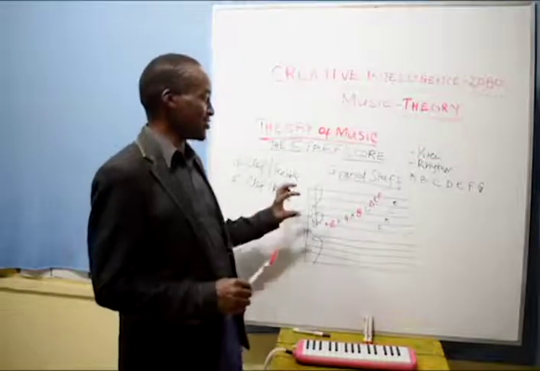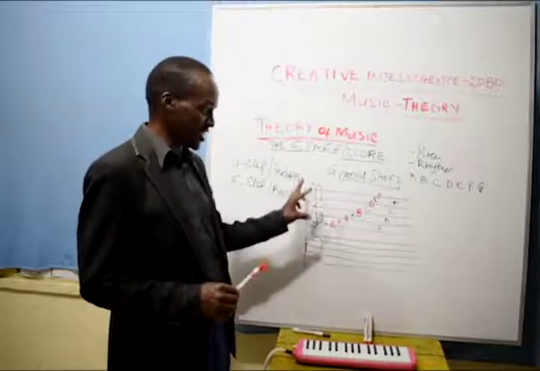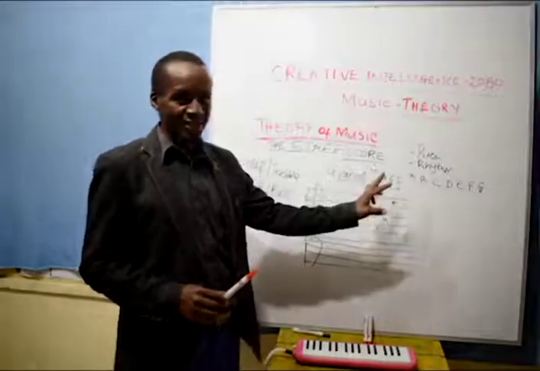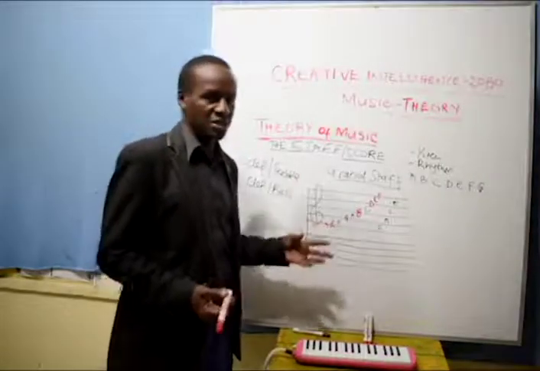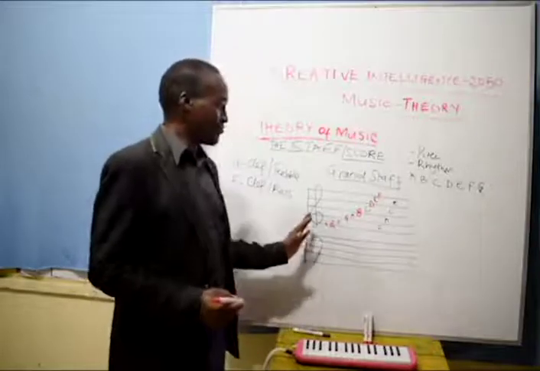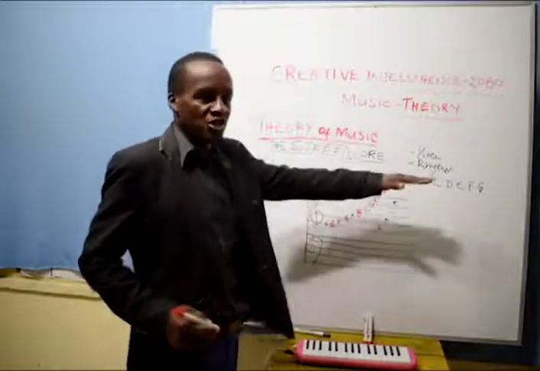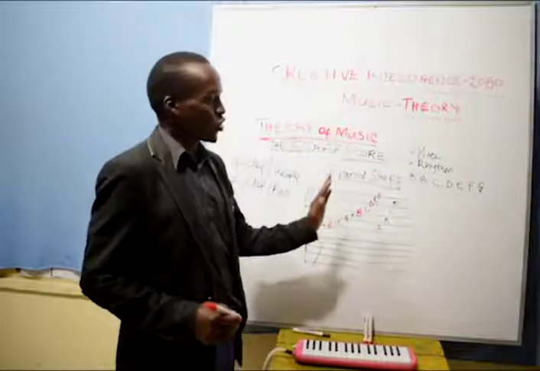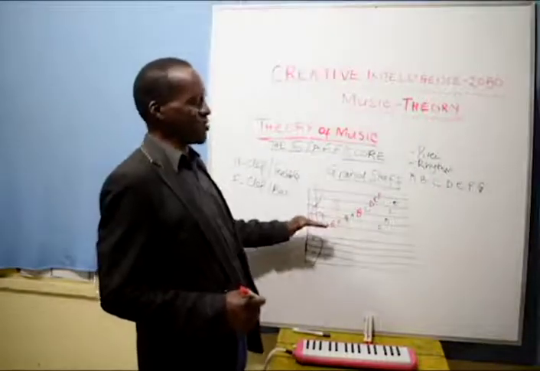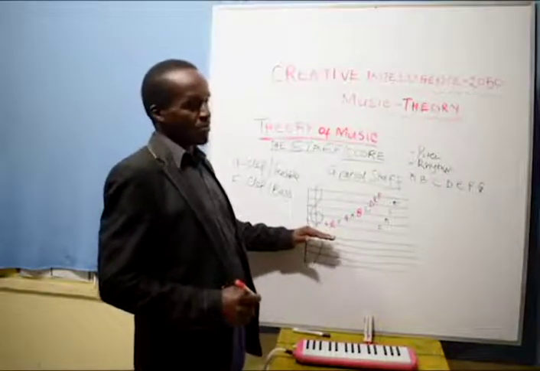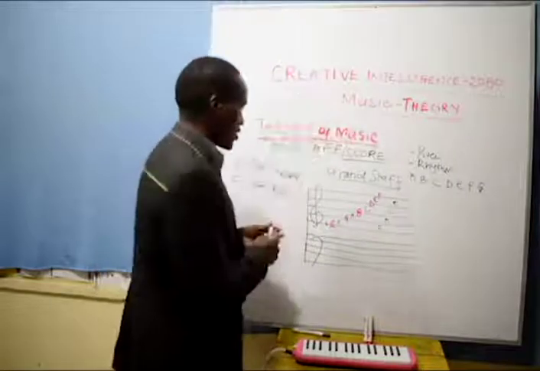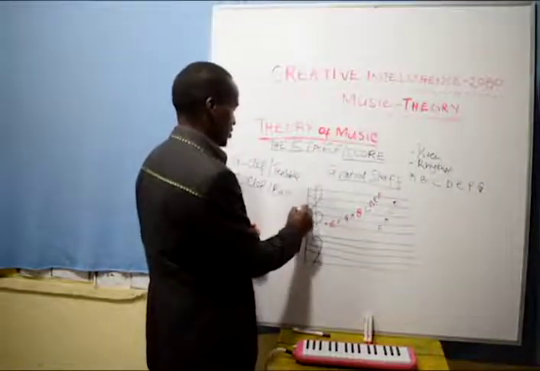When you see the clefs, they're usually written in a vertical and a horizontal way, kind of like a graph. So we have the vertical description and the horizontal description. The vertical is like going from a low point to a higher point.